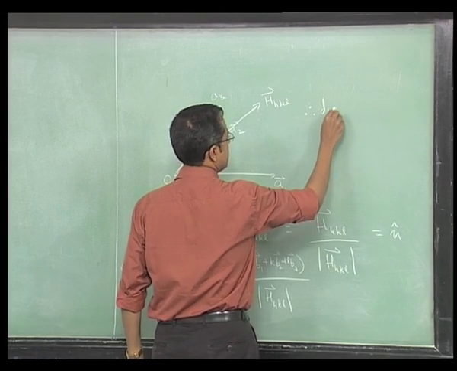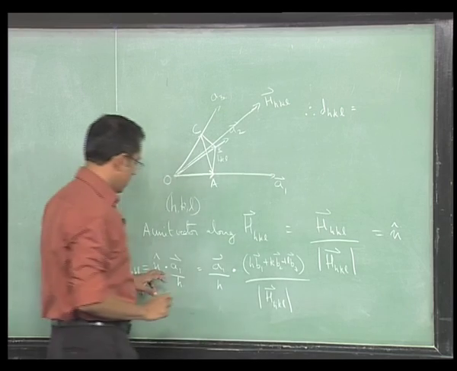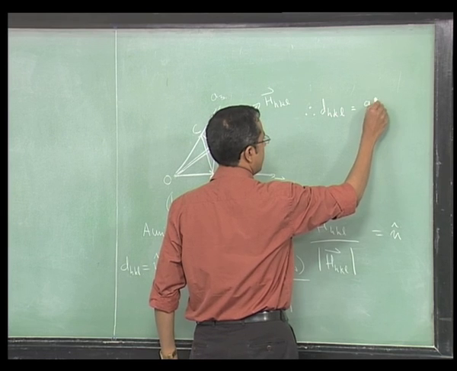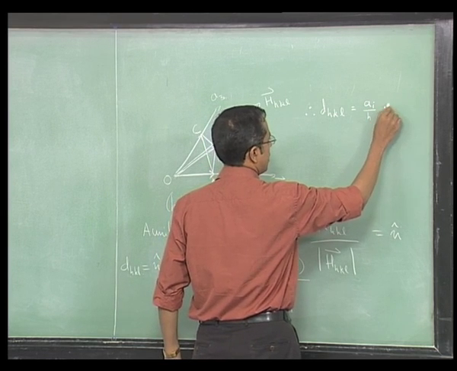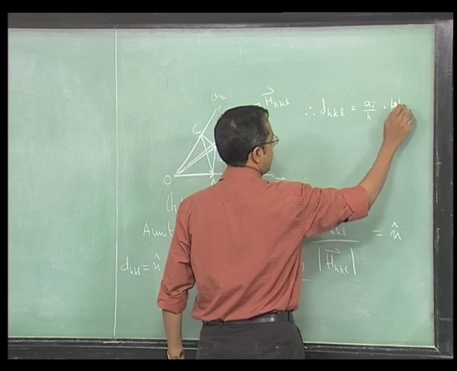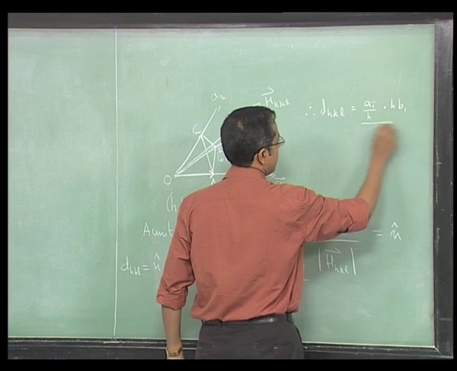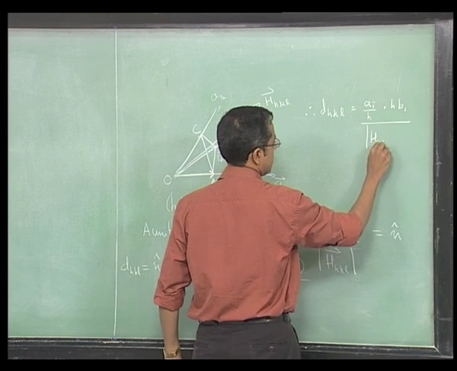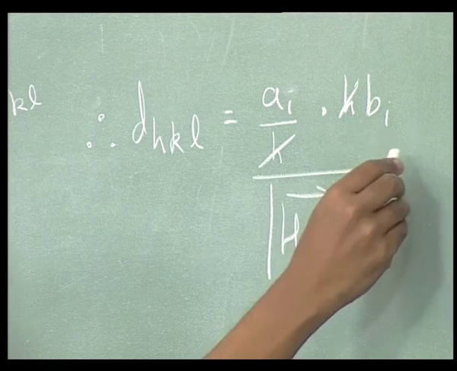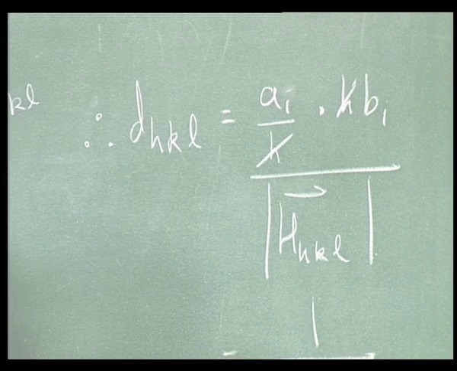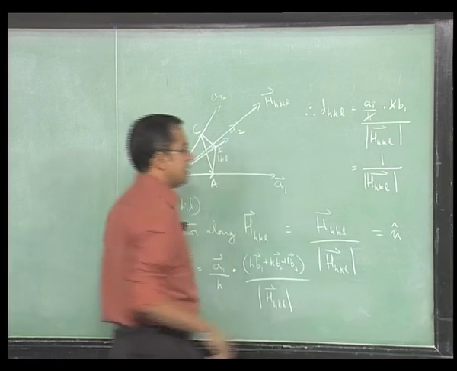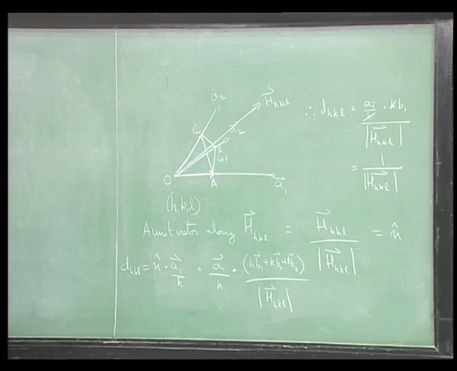DHKL is equal to A1 by H dot HB1, or sorry, A1 dot H by HB1 dot HB1, divided by the modulus of HHKL. So this and this will cancel, A1 dot B1 equals 1, therefore this is equal to 1 by the modulus of HHKL, which is the proof that we set out to prove.